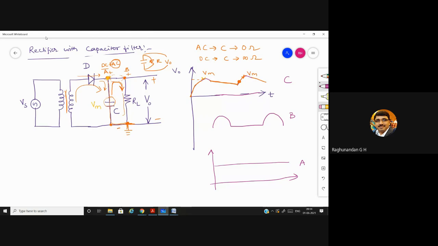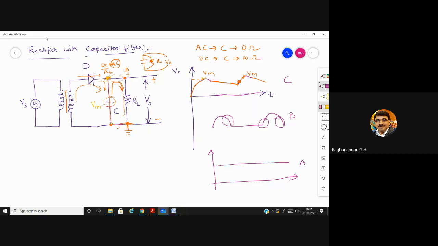So from this we can observe that after putting the capacitor filter, some of the ripples have been removed. At least this portion of the ripple, this portion of the ripple, this portion of the ripple has been removed. And we can observe a signal which is not completely DC but partially DC.